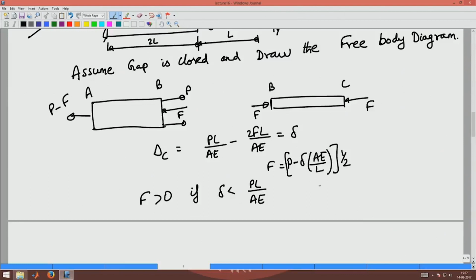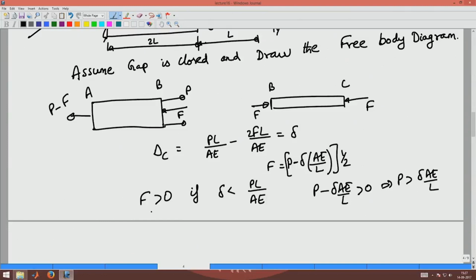How do I get that? I get it from the fact that P minus delta AE by L has to be greater than 0, which means P must be greater than delta AE by L. This implies delta has to be less than PL by AE. Okay.